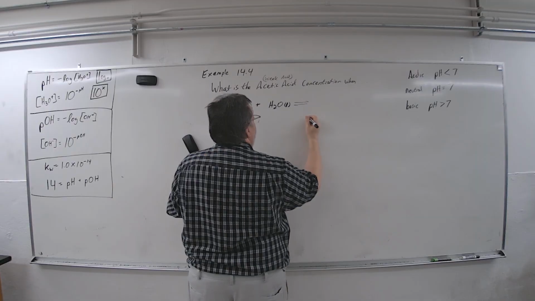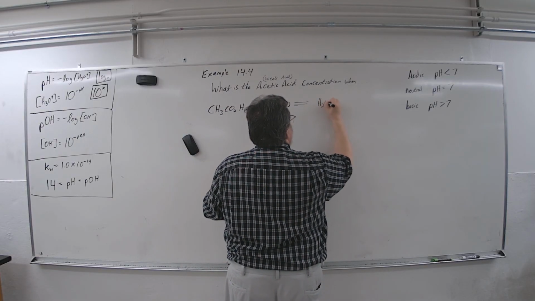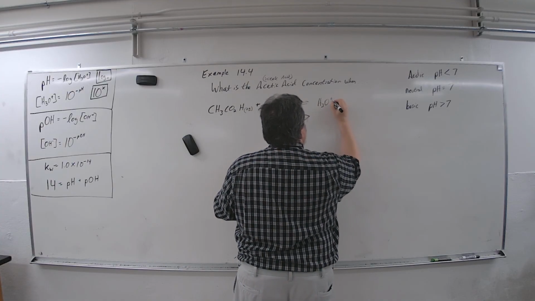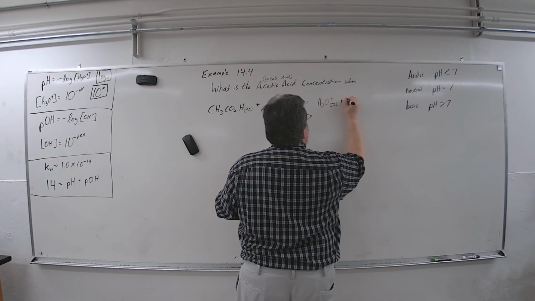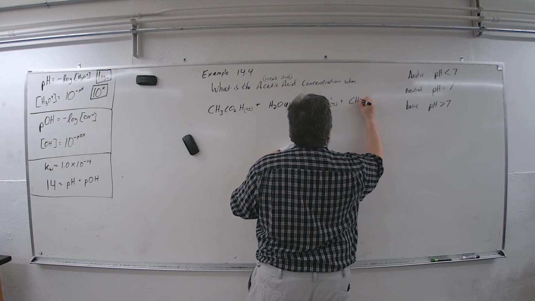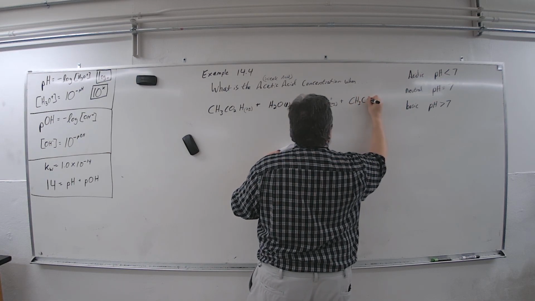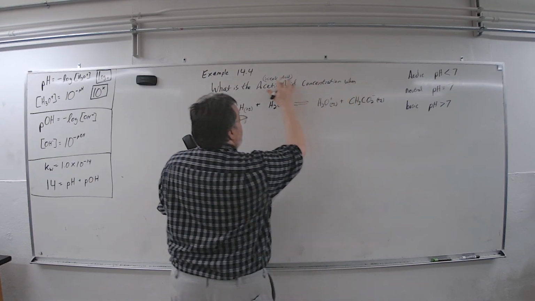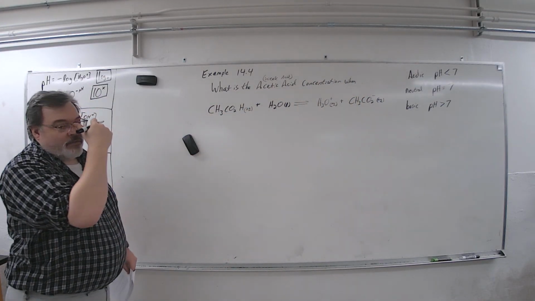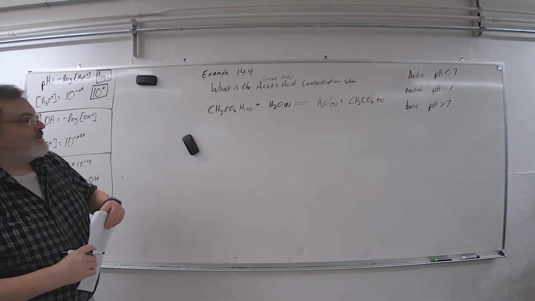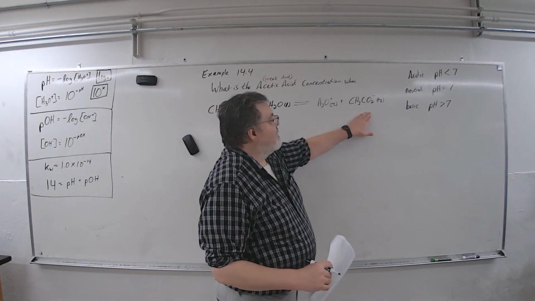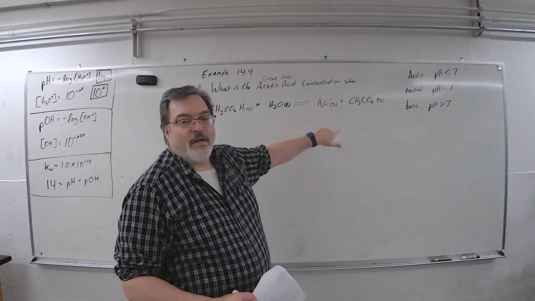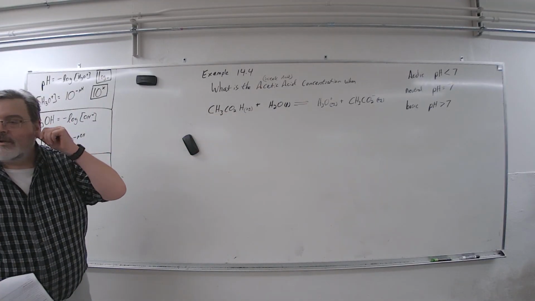Now I'm going to use the double arrow and have some H3O plus, aqueous, plus CH3CO2 negative. All right. Ignoring the question I'm trying to answer here, do you see that as a reaction? This is the acid. This is its conjugate base. This hydrogen popped off and went on here and made H3O plus. You with me?